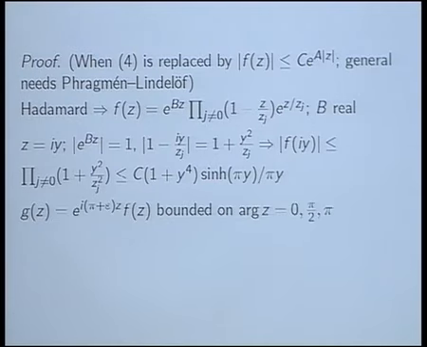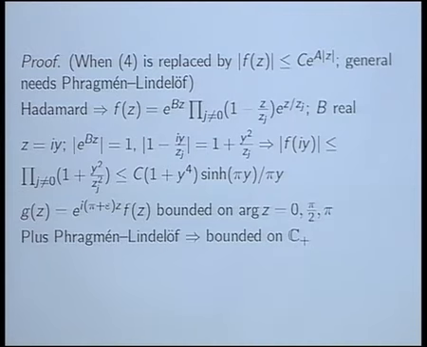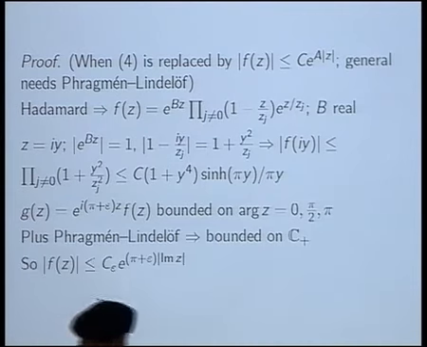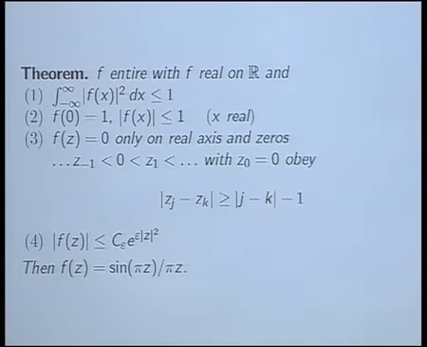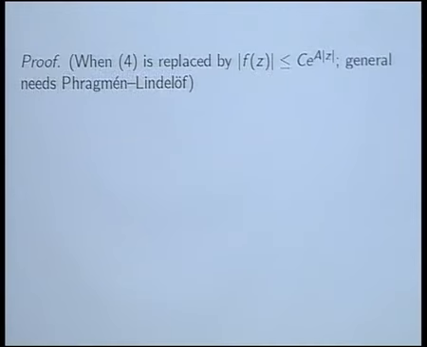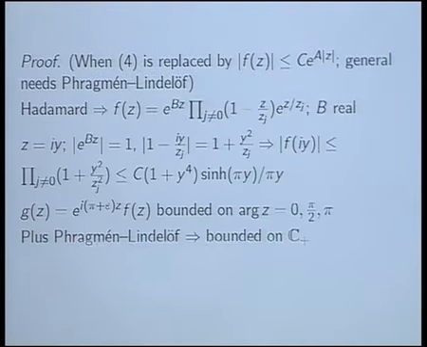And if you look at some proper object, you use Phragmén-Lindelöf, you actually see that you get this exponential growth and therefore apply the lemma. So again, the basic fact that's true here is if you know this condition on the zeros and this exponential bound, plus these other bounds, out pops the sinc kernel.